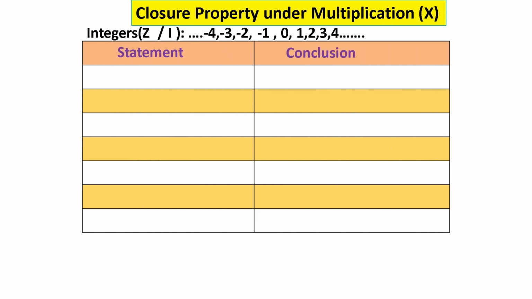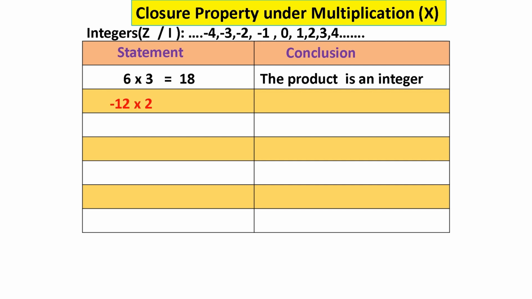Next, closure property under multiplication. Now statement and conclusion. Here 6 and 3 are integers. The product of these two integers we will get 18. The product of these two integers is also an integer.